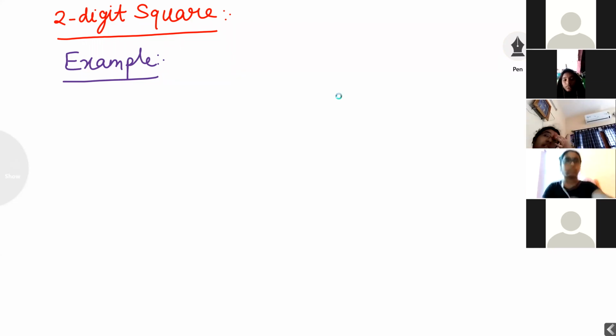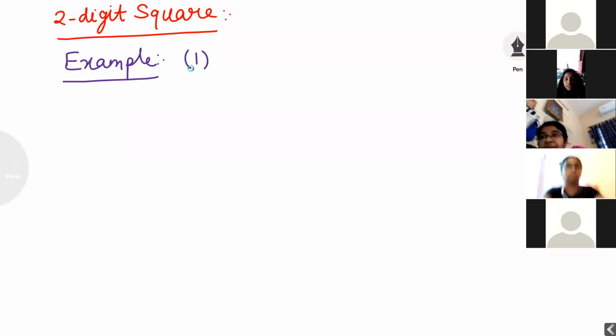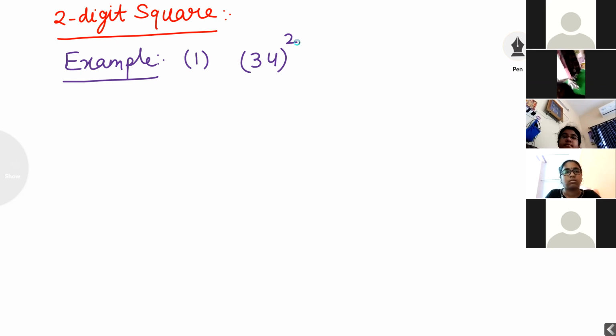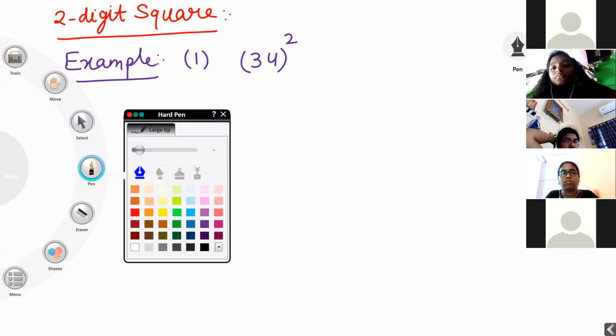First example I'm writing. Concentrate everyone. Don't write anything. If I want to find out 34 whole square, how to find it?